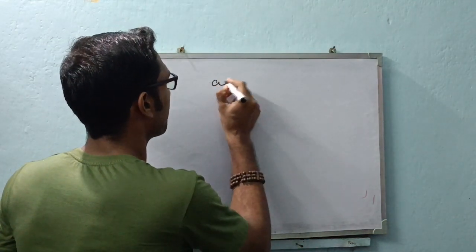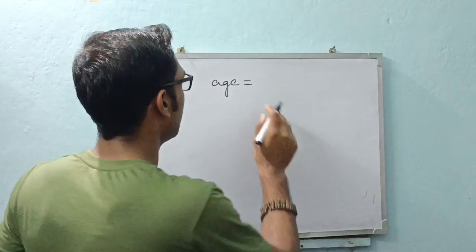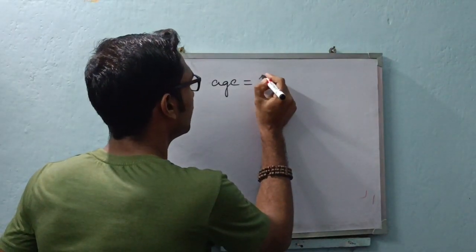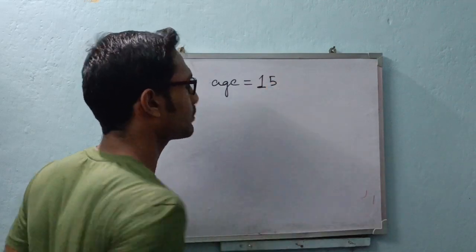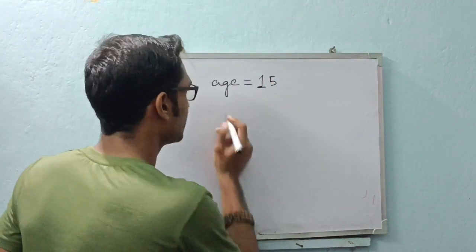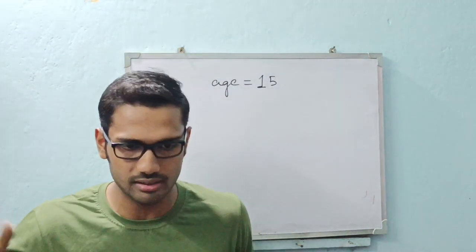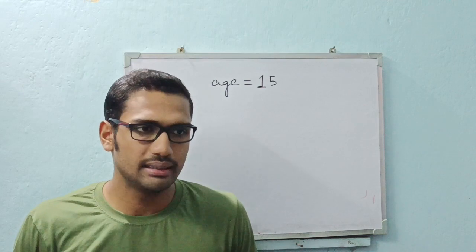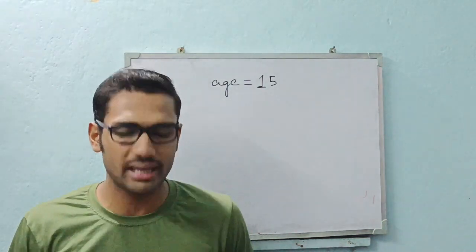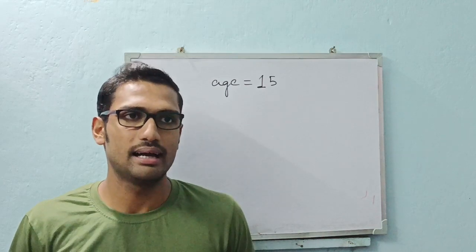So let me create a variable named age, and let me give the age as 15. Now let me write a condition. If the age is less than 18, then a print message will be given that please study hard and give your best.